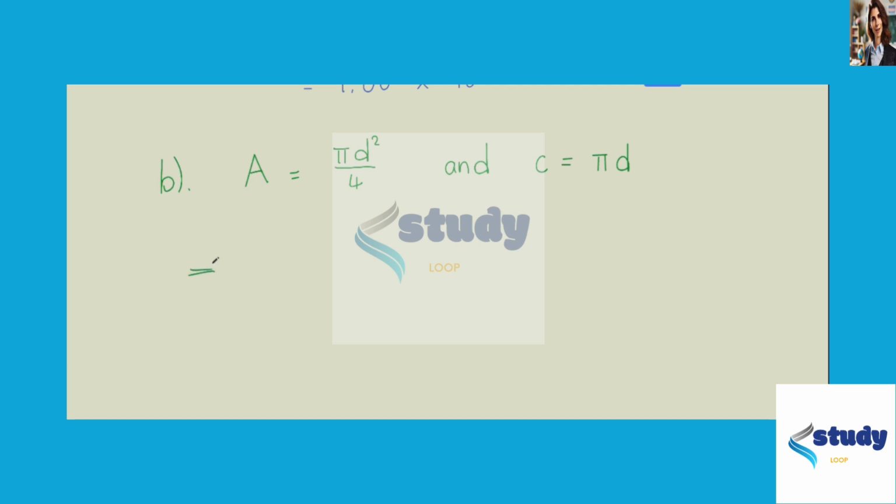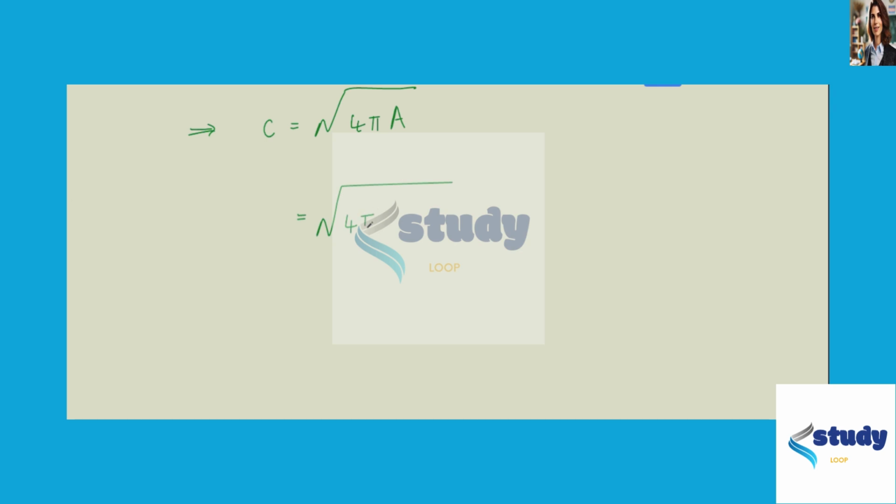So this implies that C is equal to the square root of 4 pi A from above. And this is equal to the square root of 4 pi times the cross-sectional area of one turn, which is 0.6 times 10 to the minus 4 meters squared.